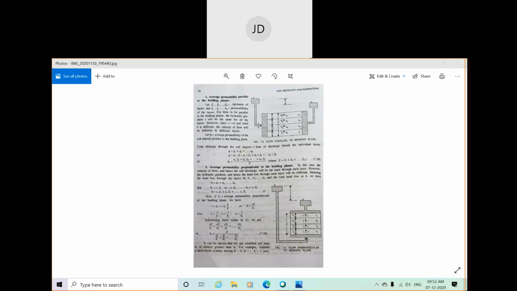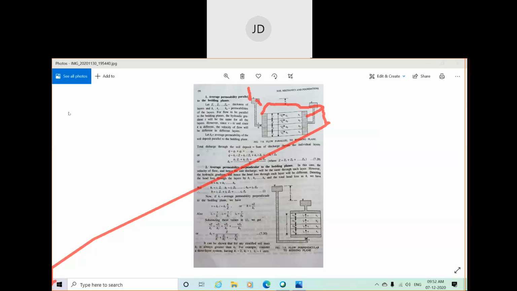Now here, this is a two-dimensional soil element and we have considered the thickness of the layer. Let me show you here. If I consider this kind of thickness, this thickness is taken as 1.